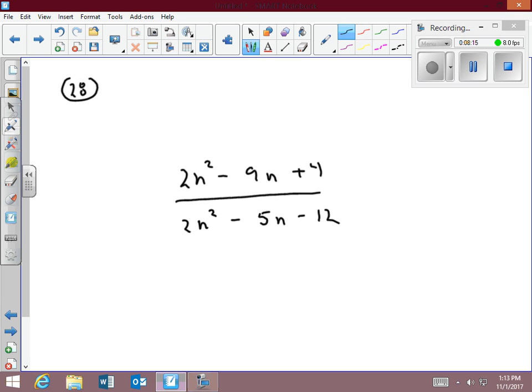Now I want to look at the numerator first. And notice it's a polynomial, descending order, leading term positive. It has no common factors, right? So now, if that thing factors, it's going to factor as what?